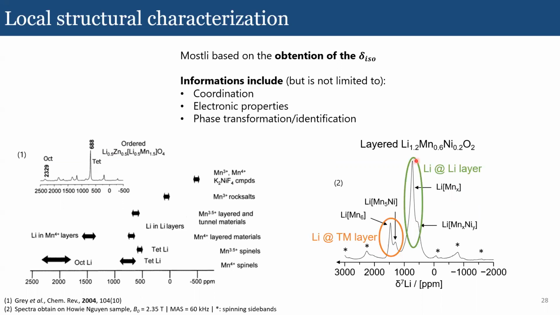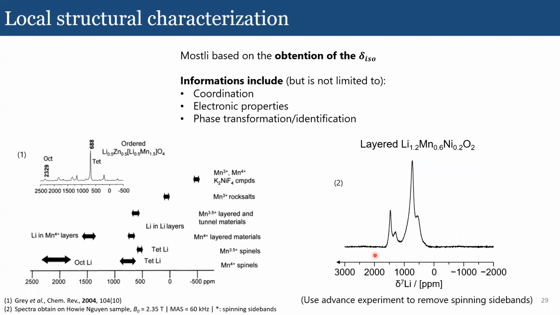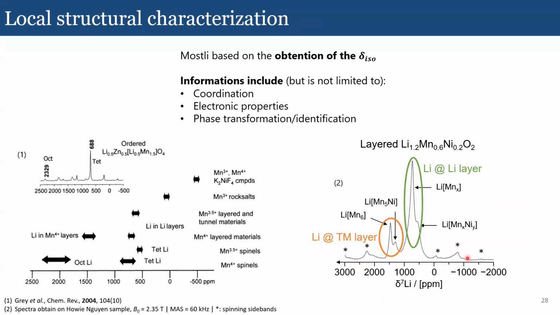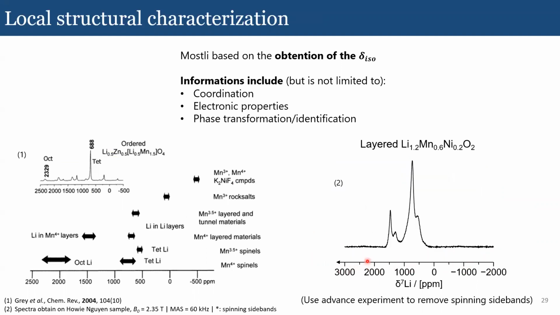On top of that, since it's a layered structure, you should have lithium in the lithium layer, but it's also a lithium-rich system, so some of the lithium is going into the transition metal layer, and that also affects the lithium environment. So you have that separation of the signal and you have multiple sites. If I now move on to a more advanced spectrum, here there were spinning sidebands, so I can remove them with a clever experiment.